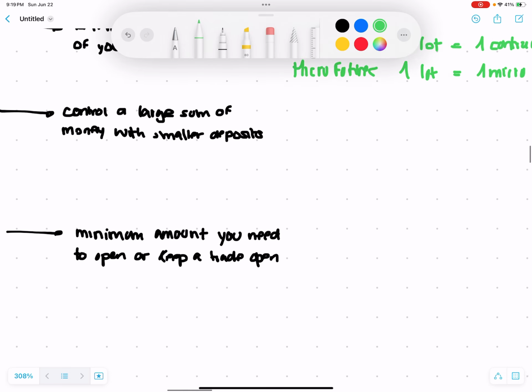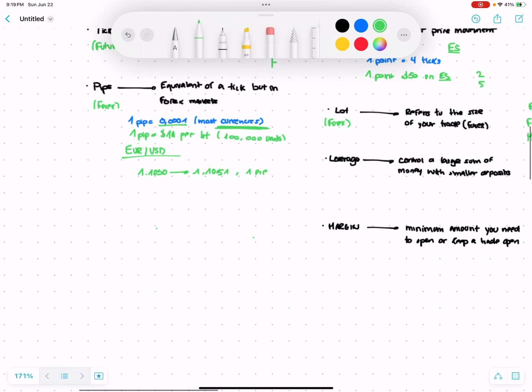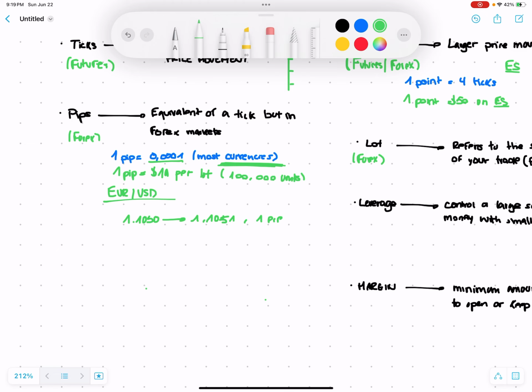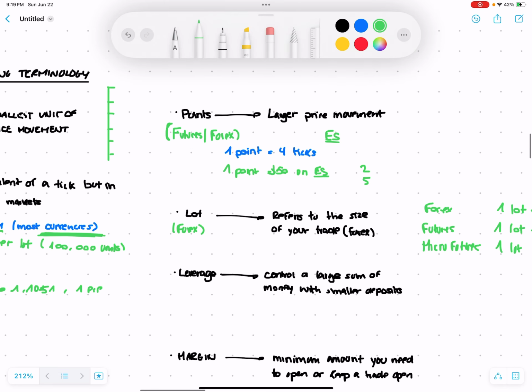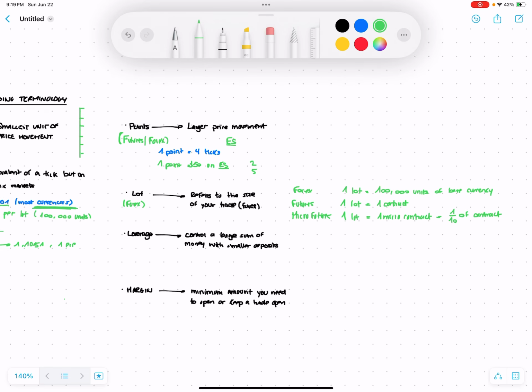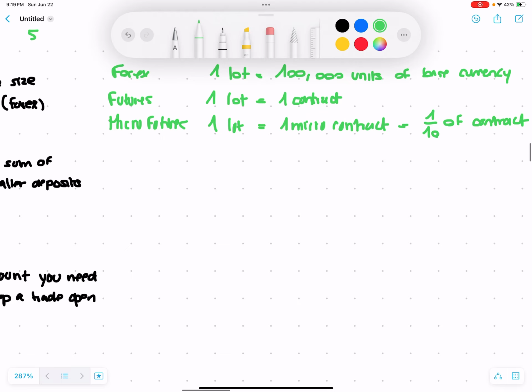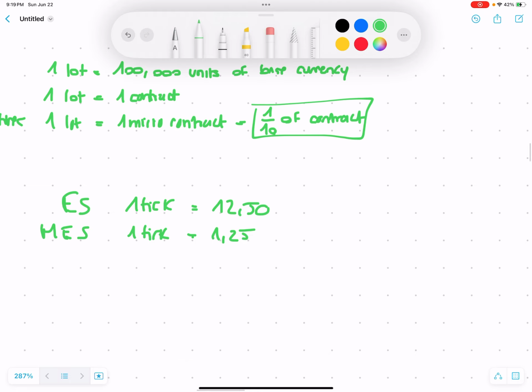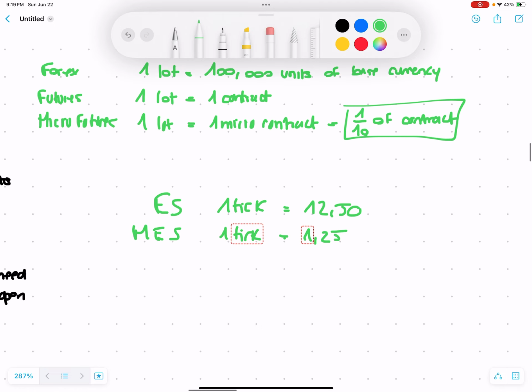Remember a few minutes ago when I said that if you were trading ES, one tick would give you $12.50, and if you're trading micro ES, one tick would give you $1.25. So one micro contract is equal to 1/10 of the contract. That's all it means.